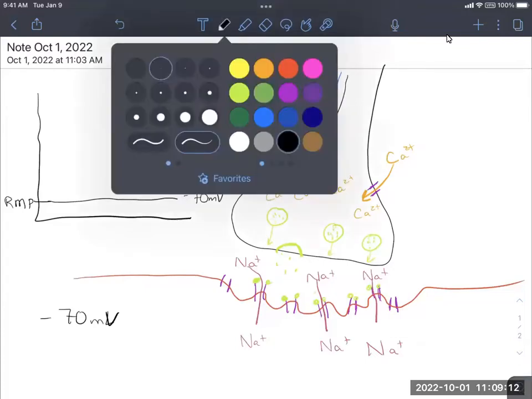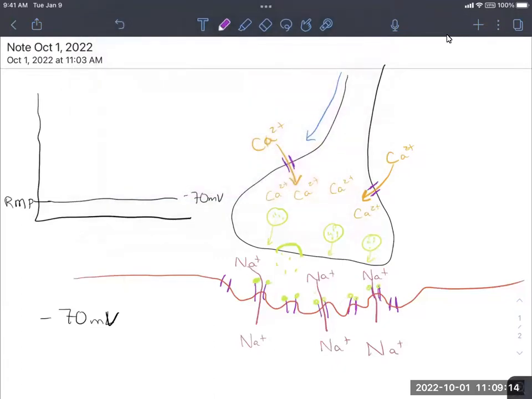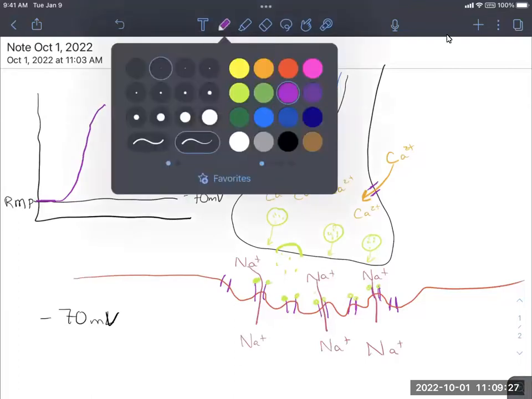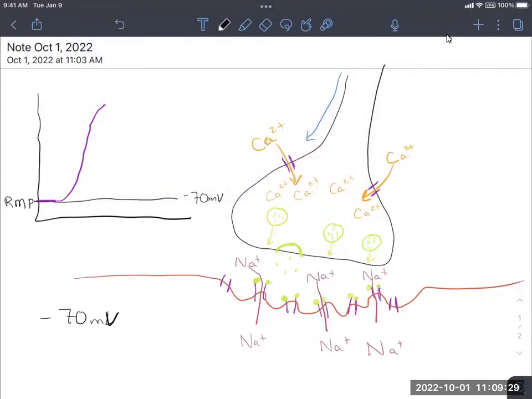We notice sodium is positively charged. So my muscle is resting. Sodium comes rushing in really fast. We will go from that negative 70 to roughly positive 30 millivolts because a lot of sodium comes in.